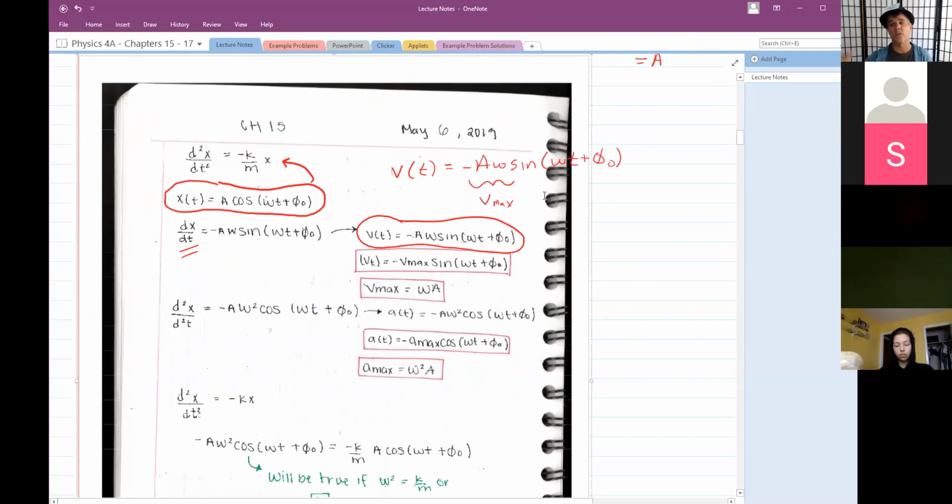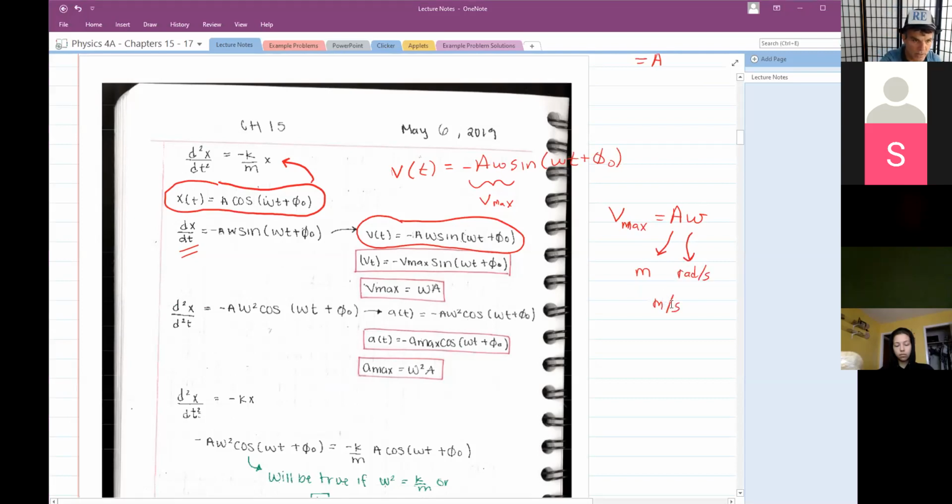Sine can only vary between 1 and negative 1, which means my velocity is constantly varying between v max and negative v max, where v max is A omega. And again, keep in mind the units. A is my amplitude, measured in meters. Omega, we call my angular frequency, and this is in radians per second. And when I multiply meters by radians per second, I still end up with units of meters per second.